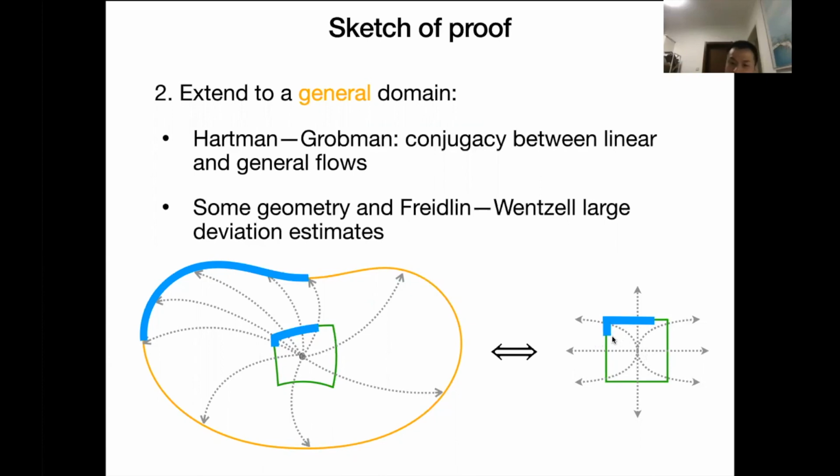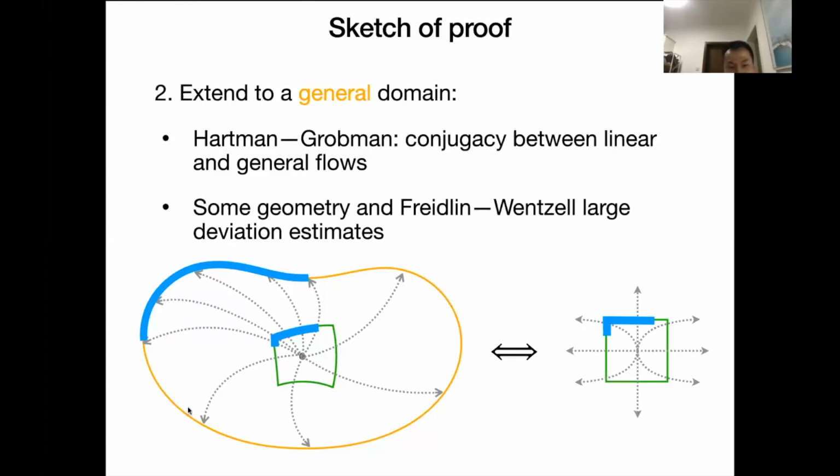So we know everything about exits for domains whose image under this map is a cube, a box. Therefore, we know everything about sets looking like this, a slightly skewed box.